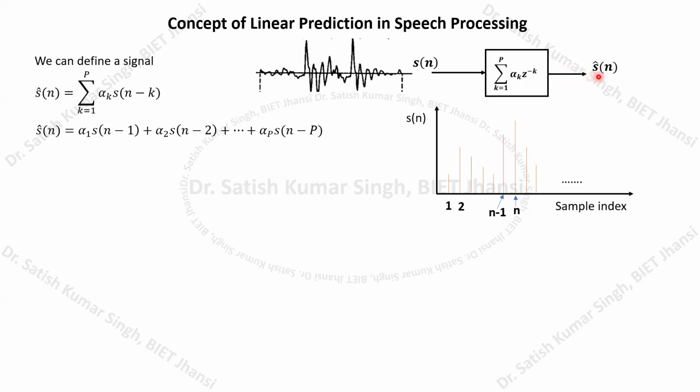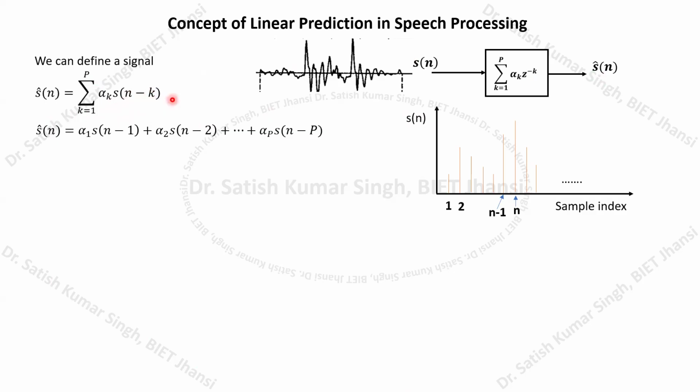So you can write this S cap n equation as S cap n equals the sum over k equals 1 to P, because it is the delay elements, of alpha k into S of n minus k.